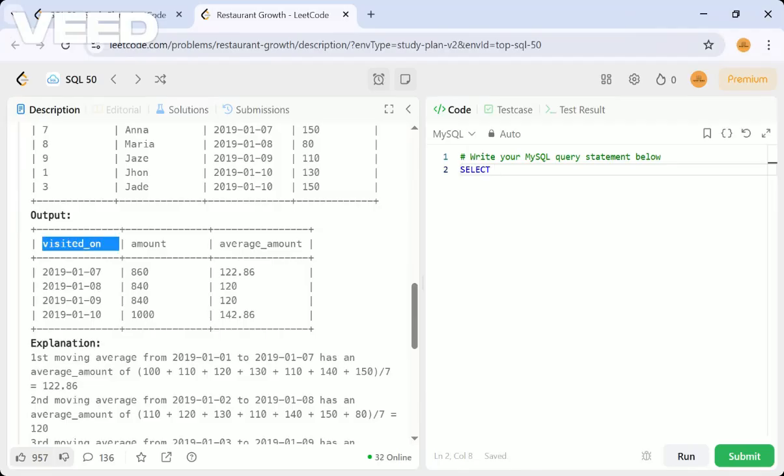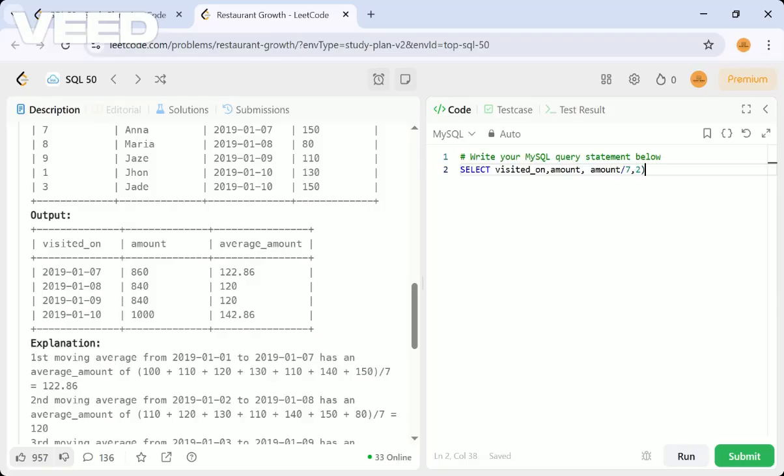Listed on we should get, and then listed on, and then amount. And then after amount they have to get average amount, right? Average amount is nothing but amount only. Amount divided by how many days, that is 7.